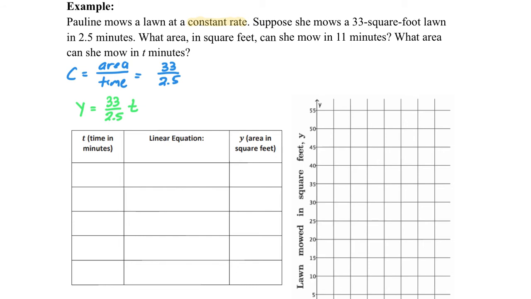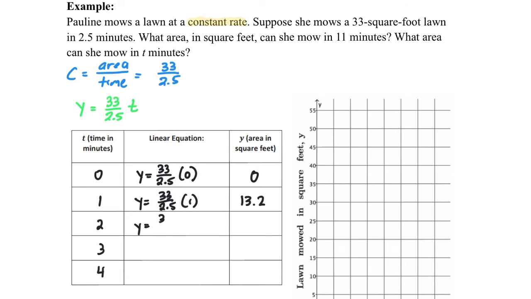So let's go ahead and see what happens at, let's start with 0 minutes, 1 minute, 2 minutes, 3 minutes, 4 minutes. Okay, so this is going to be y equals 33 over 2.5 times 0, which is going to be obviously 0. y equals 33 over 2.5 times 1, which is going to be 13.2.